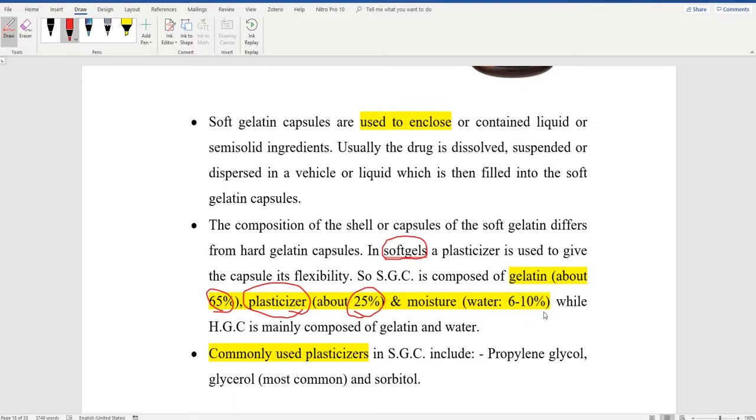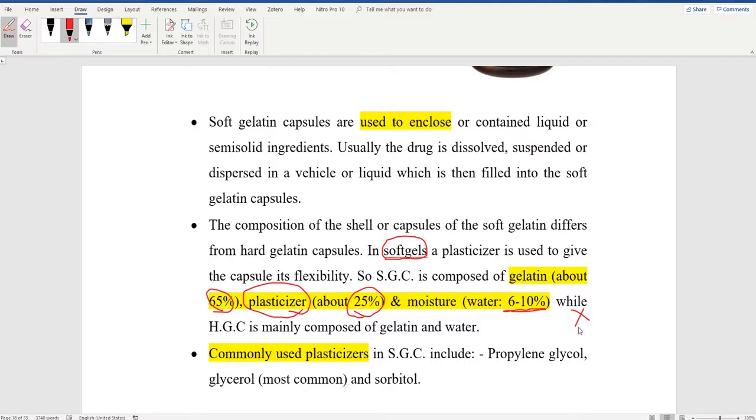Now I want you to be careful here, because your textbook says that the percentage of water in soft gelatin capsules is higher than in hard gelatin capsules, and that is wrong. I don't know why this mistake is there in the textbook. It's a good textbook, but I don't know why they have this mistake.